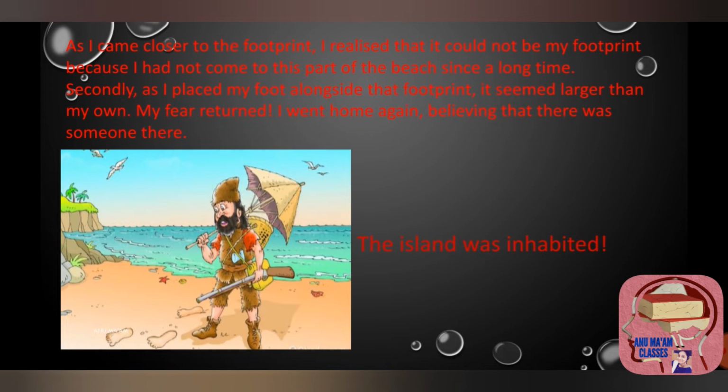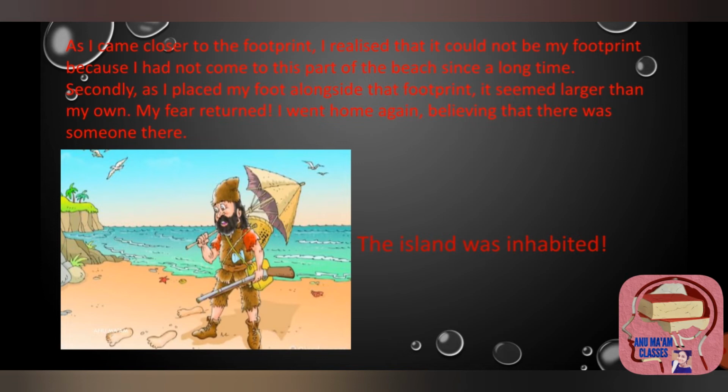Secondly, he had not come to that part of the beach for a long time, and moreover that footprint was larger than his own. So once again he got frightened because his fear returned, and he went home again, believing that there was someone else on the island.